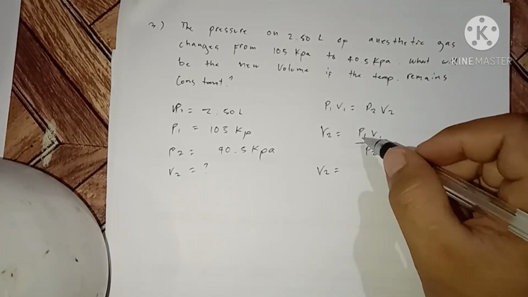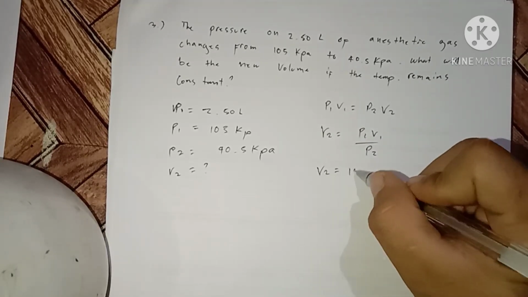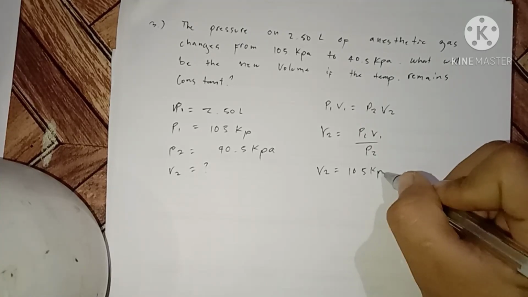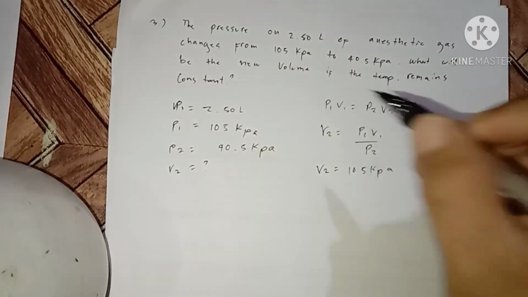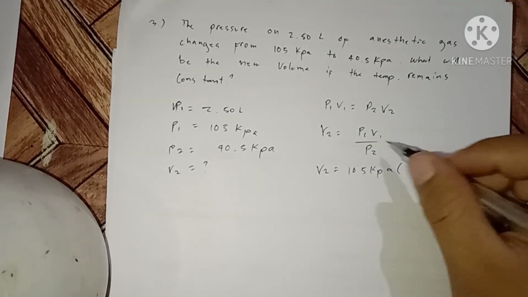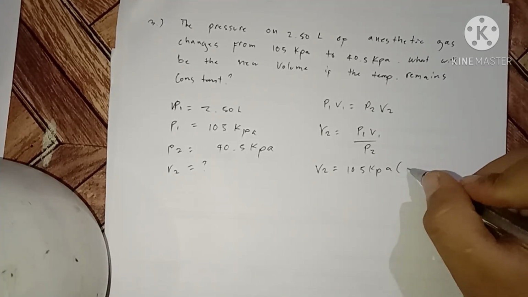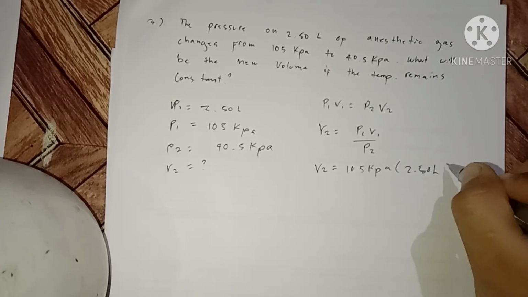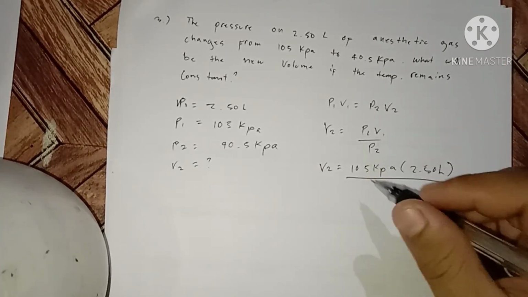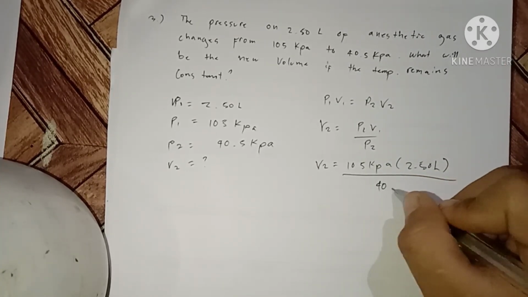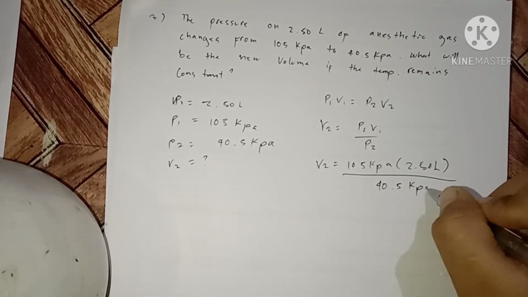V2 equals the value of P1, 105 kPa, times the value of V1, 2.50 liters, over the value of P2, 40.5 kPa.